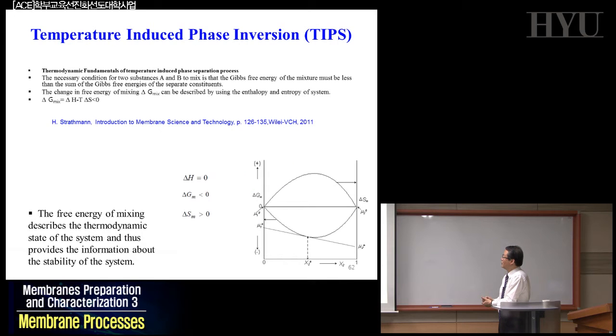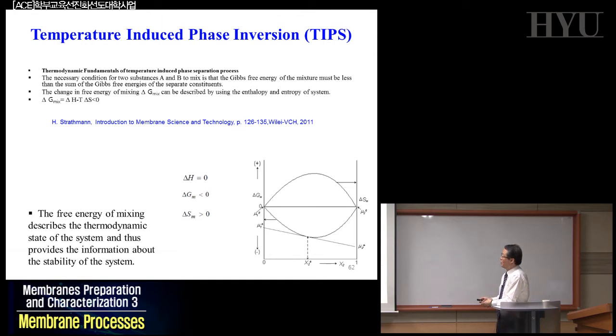If you take a look at this picture here, this was taken from Strathmann's chapter 3 on polymer membrane preparation and characterization, and you can take a look at it in more detail.